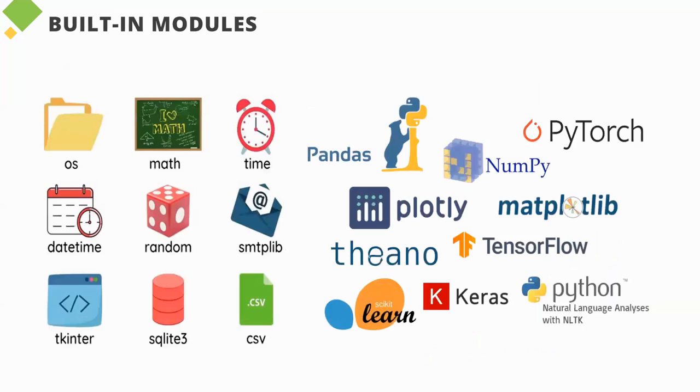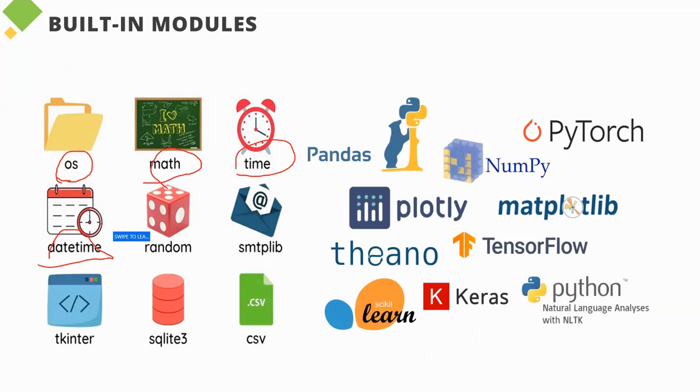So these are the many built-in modules, one of the most important use cases. Python supports several built-in modules. Like here we have OS. As you see, to remove a file, you need os.remove. The math module helps us to perform many mathematical operations. Time gives the time.